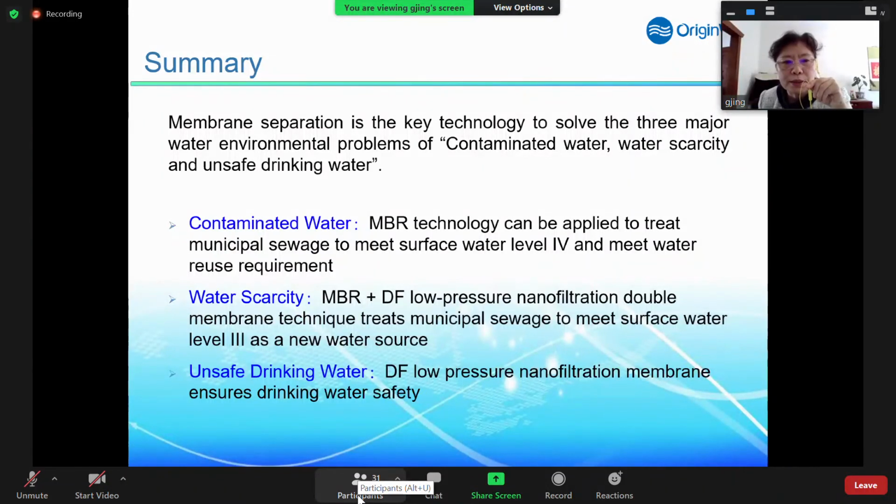For water scarcity, we can use MBR plus nanofiltration. To treat unsafe drinking water, we can use conventional technology plus nanofiltration to fix that problem and ensure drinking water quality and safety.